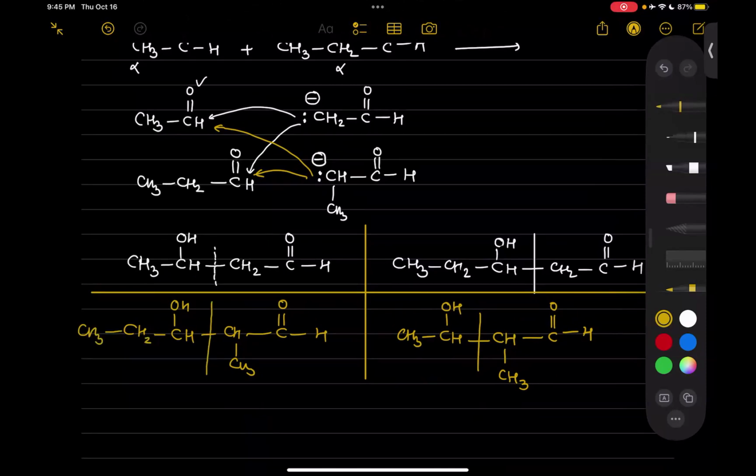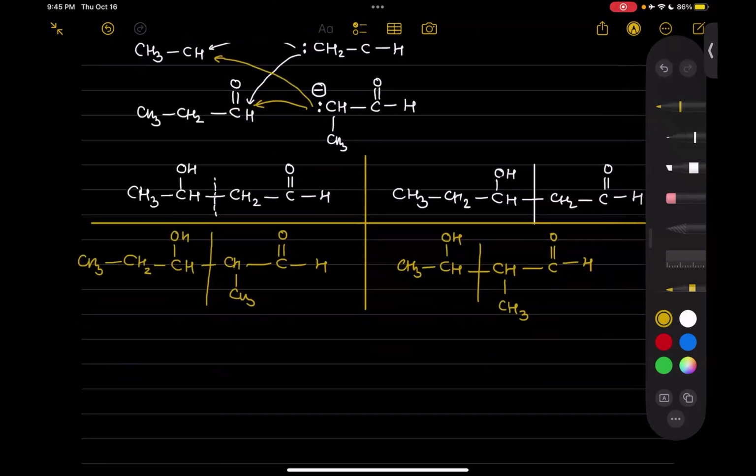This is the self product of acetaldehyde. The lower left is the self product of the propanal, where the alpha carbon of the propanal is getting joined to the propanal C=O. And the lower right is the cross product.